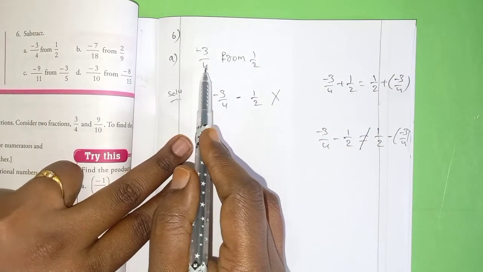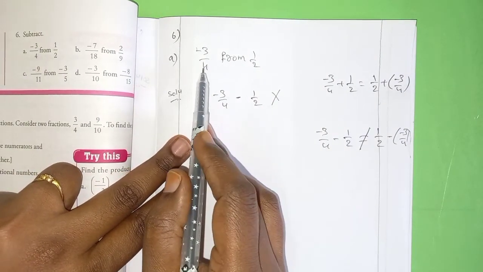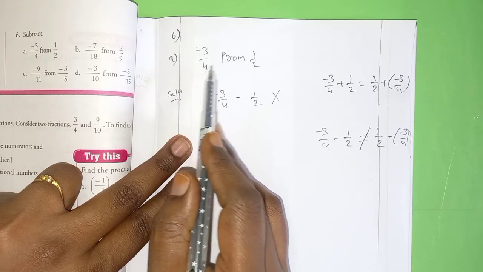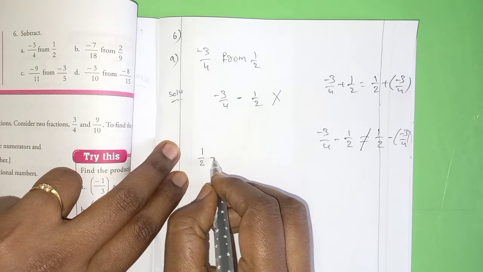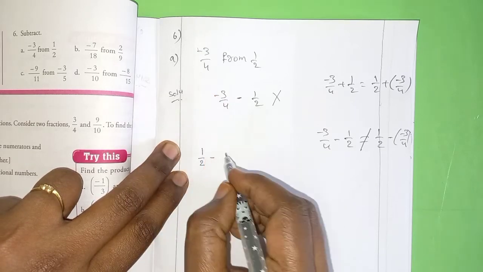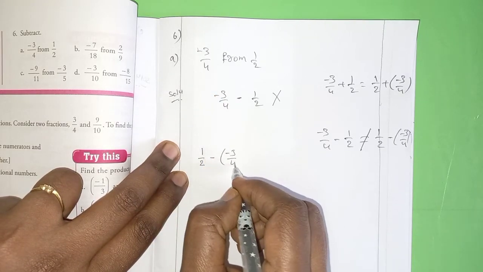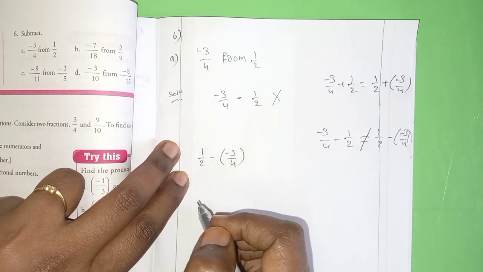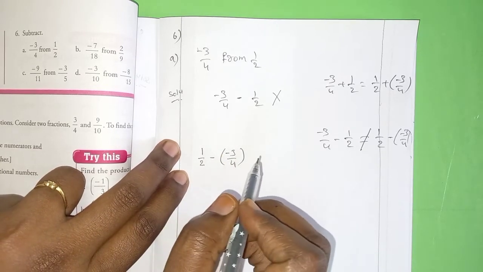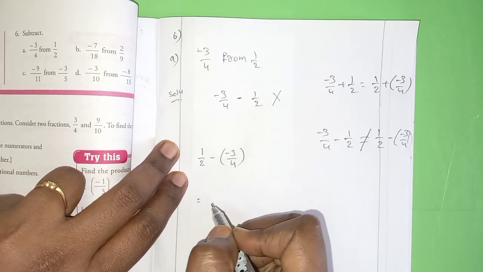Because what did they say? Subtract minus 3 by 4 from 1 by 2. It means from 1 by 2, you have to subtract minus 3 by 4. Like this you have to write the question. First of all, you must understand the question. Then only you can get the proper answer.